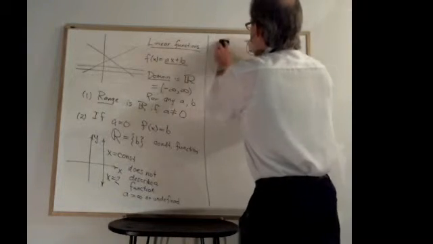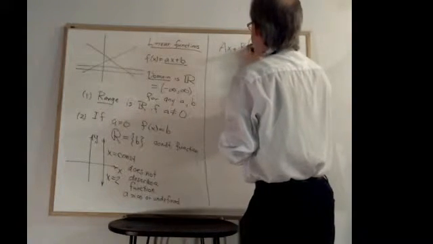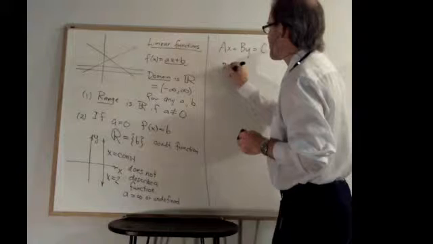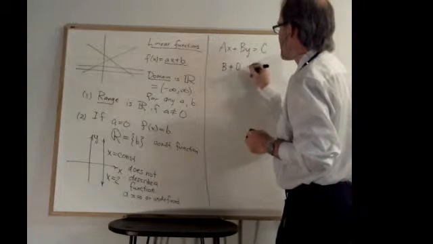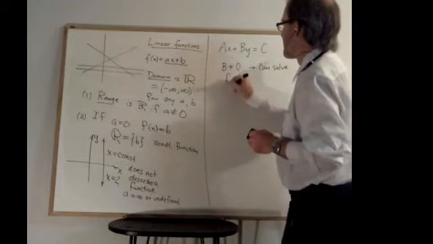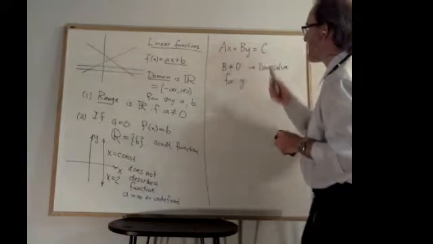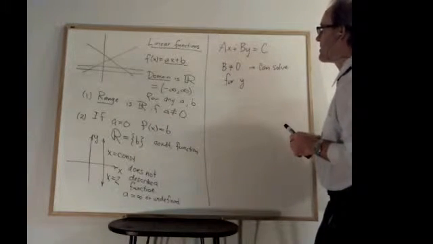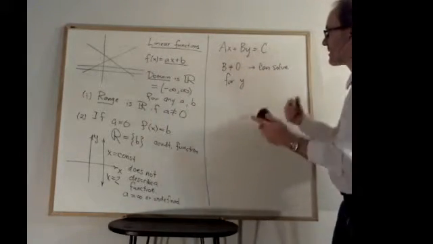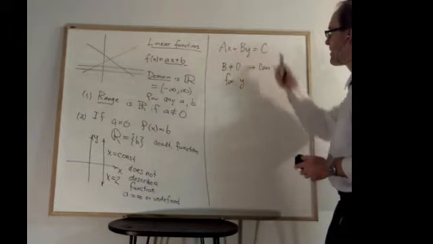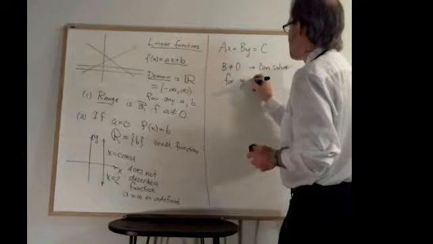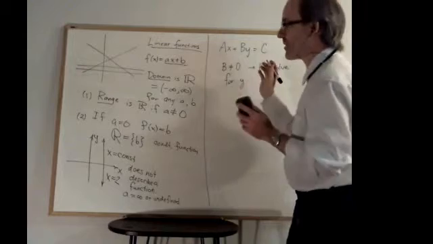If you have an equation in standard form, then, for example, if capital B is not equal to 0 here, then you can solve for y and get y as a function of x. So you're changing the linear equation into a form in which you can immediately identify the linear function involved. A linear equation will always give you a linear function by solving for y, if you can solve for y.